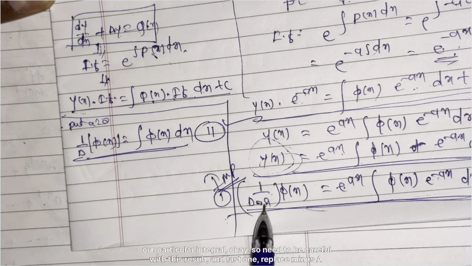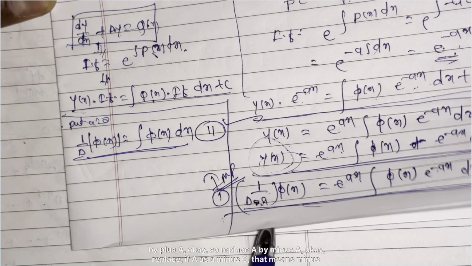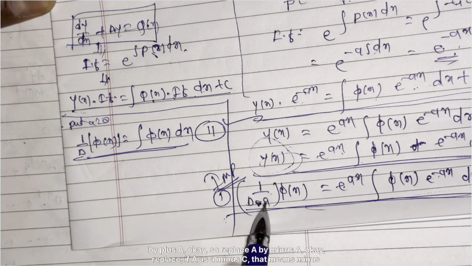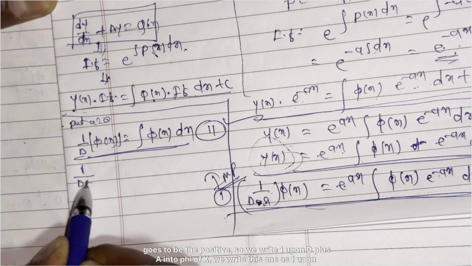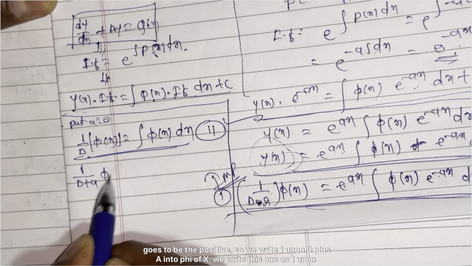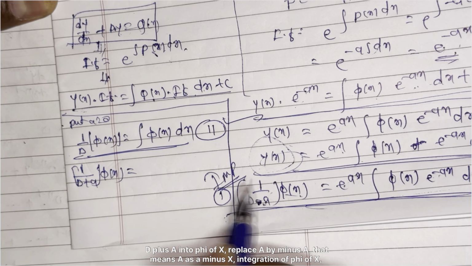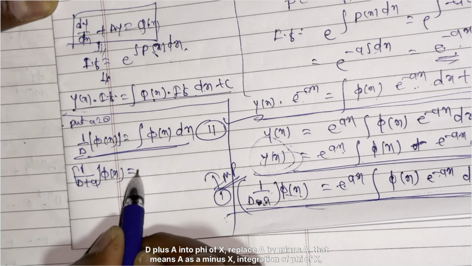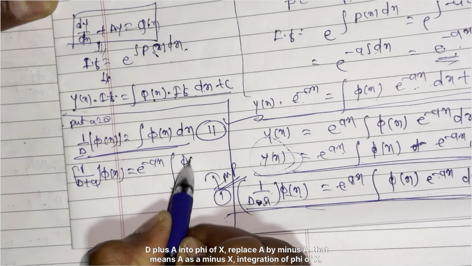And the last one: replace a by minus a. If a becomes minus a, then minus minus goes to positive, so we write 1 upon (D plus a) into phi of x. Replacing a by minus a, we get e raised to minus x, a as minus a, integration of phi of x.